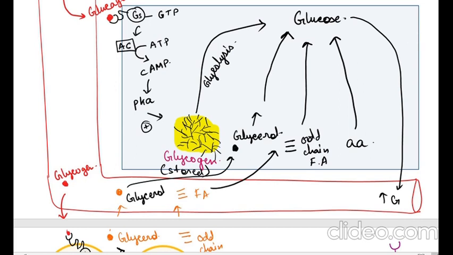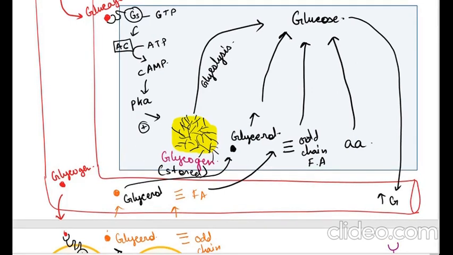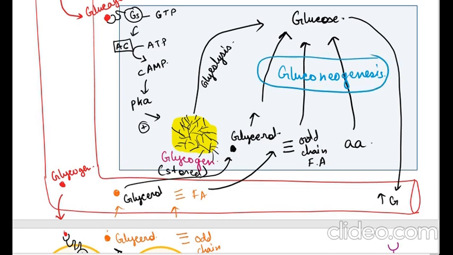That means new glucose has been made. So this particular process is gluconeogenesis. Gluconeo means new, so new glucose is being made. This process is called gluconeogenesis.